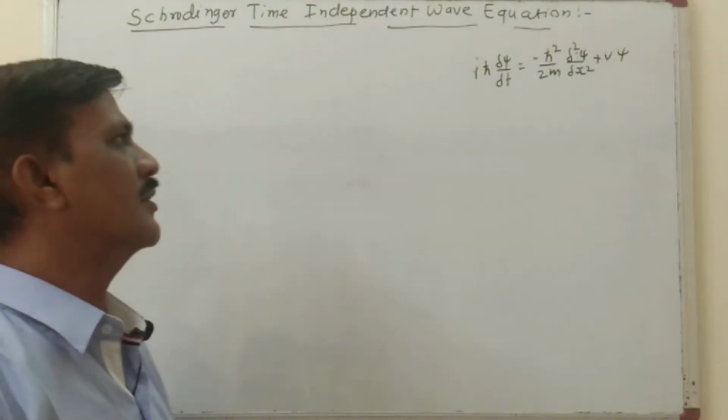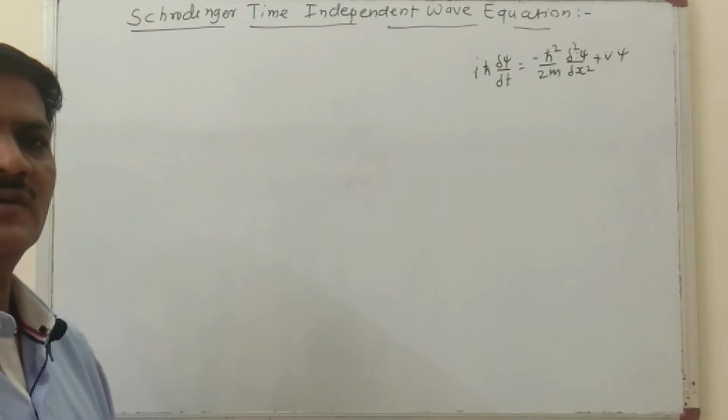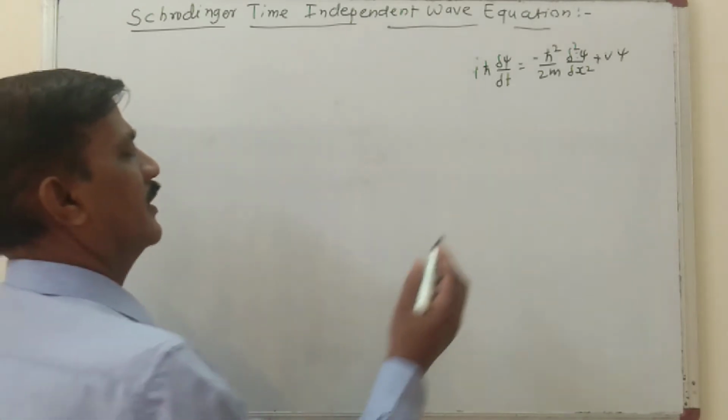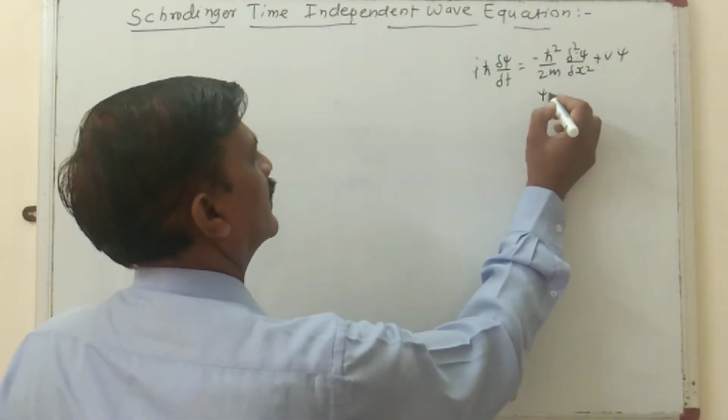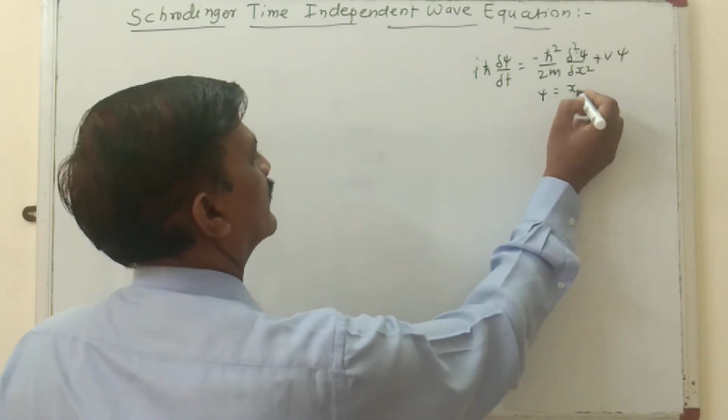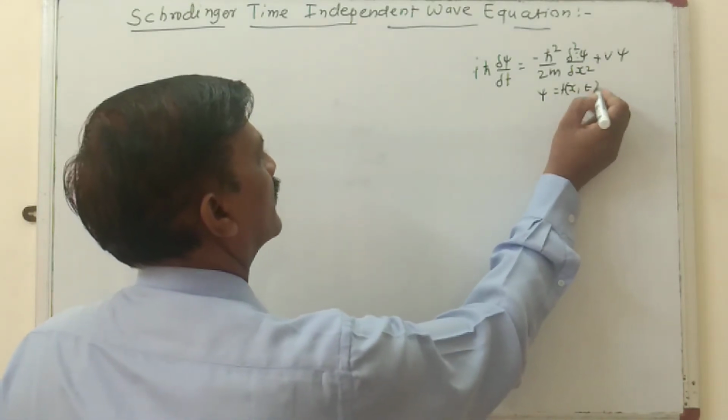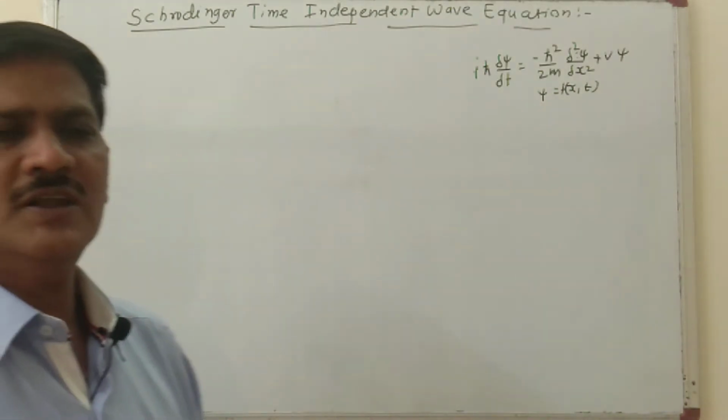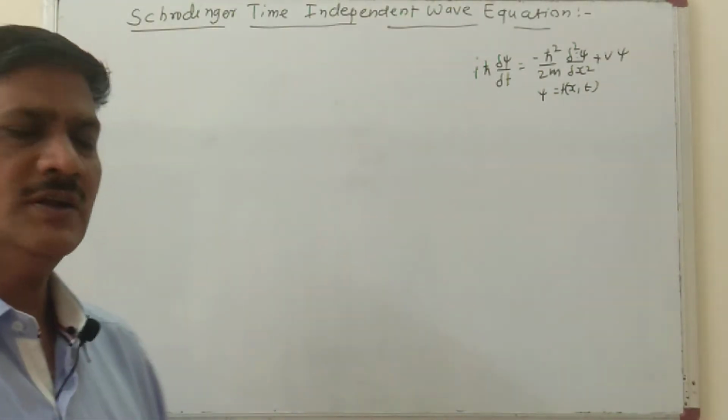This is the Schrodinger time dependent wave equation in one dimension, where ψ is a function of x and t. ψ is a function of the space coordinate x and the time coordinate t.